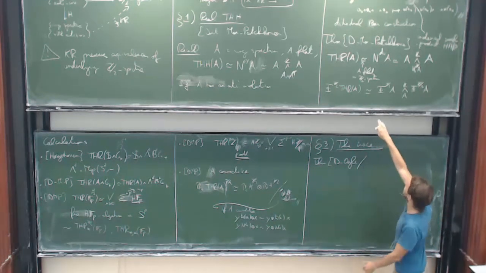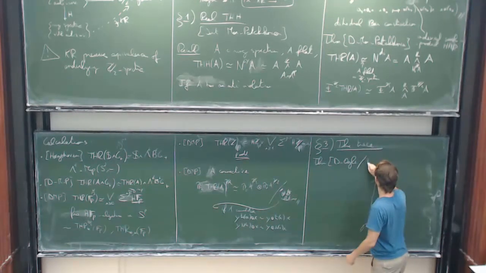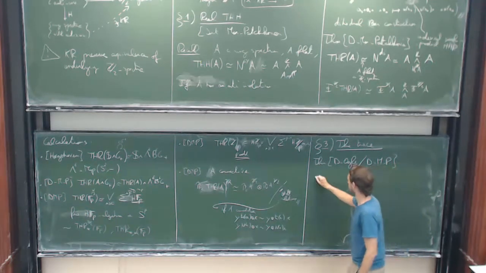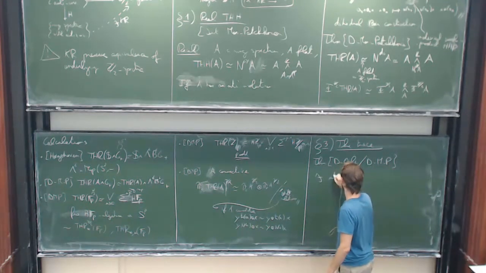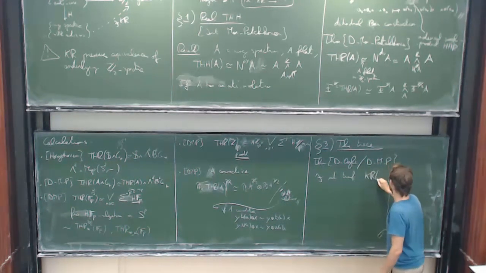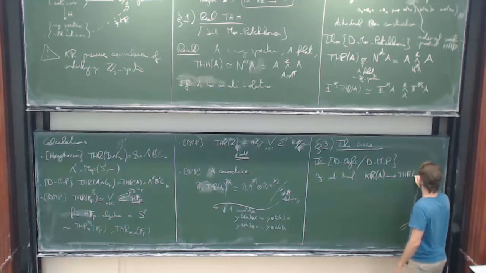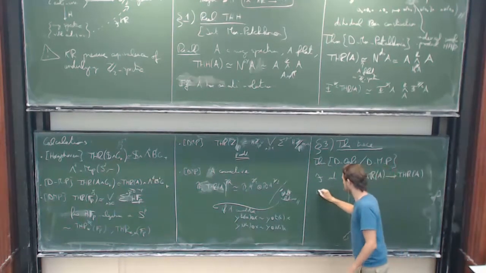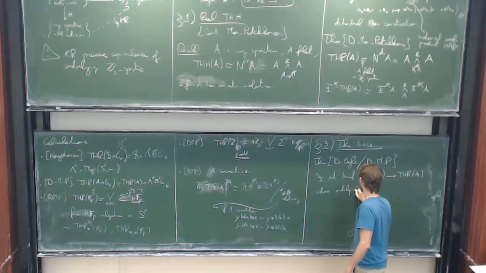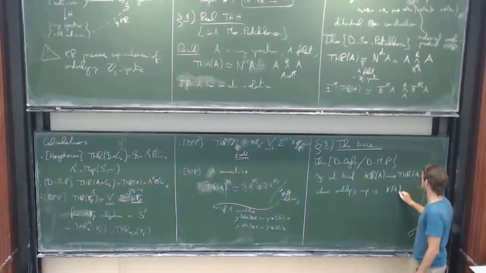We don't quite hit the bar construction, we hit the other model for THH, so put together with this comparison result, we get that there is a natural transformation from the real K-theory to real THH whose underlying map is the standard trace map of Böckstedt.